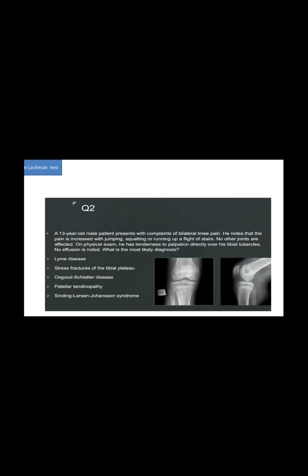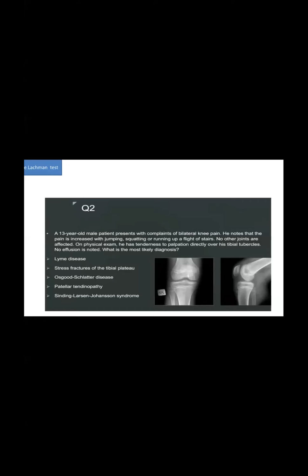A 13-year-old male patient presents with complaints of bilateral knee pain. He notes that the pain is increased with jumping, squatting, or running up a flight of stairs. No other joints are affected. On physical examination, he has tenderness to palpation directly over his tibial tubercles.